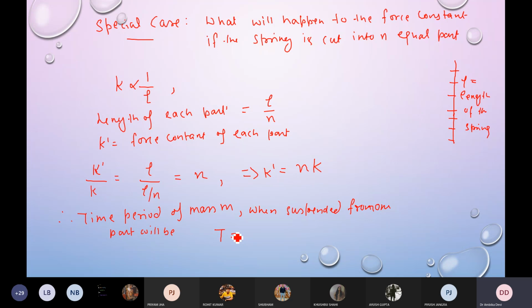T is equal to 2 pi into root of m upon k, we know that from the previous slide. So this will become 2 pi into root of m upon nk. So this was the initial value and this is the final value. If you cut the spring into n parts, the time period will become 1 upon root n times the initial time period of the spring.